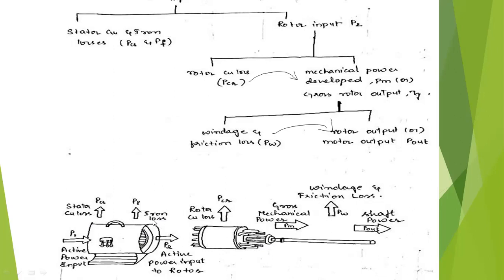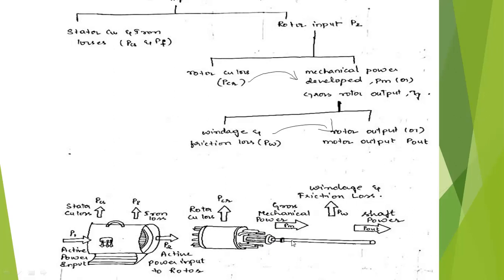So after getting the input, in the stator, after omitting the stator copper loss and iron loss, you are getting active power input to the rotor. So the input is given to the rotor. In the rotor we again have copper bars or copper windings. From this, copper losses will be omitted, and finally we get the gross mechanical power.